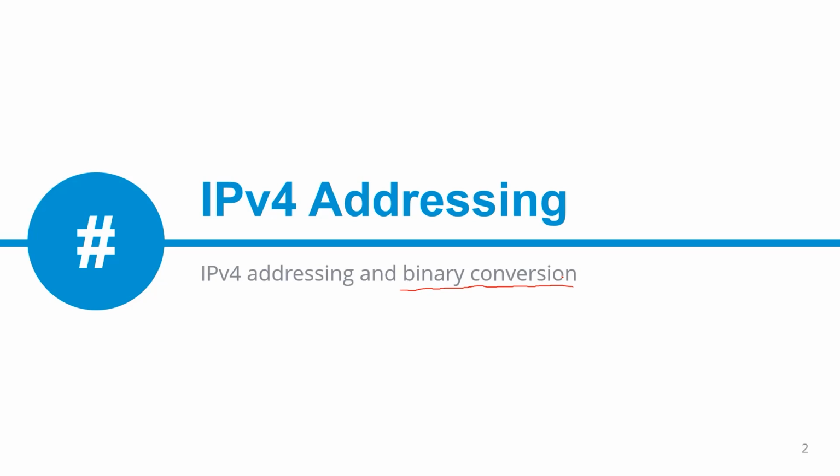Now, fundamentally, even though our IP addresses are written in dotted decimal format, where we have 4 sets of decimal numbers ranging from 0 to 255, and we have 4 sets of these, so we could have 192.168.1.1, and this is a valid IPv4 address.